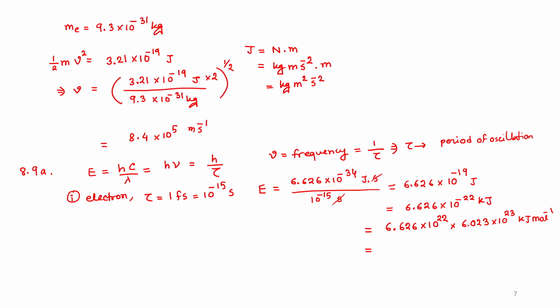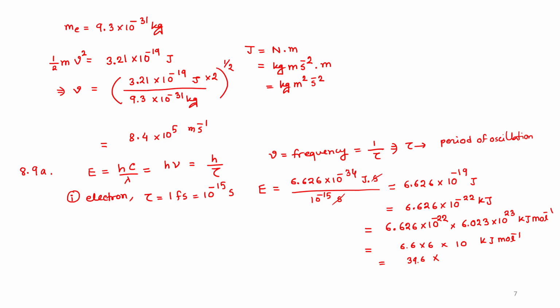When we are in a competitive exam, we treat it as 6.6 into 6, and this is actually minus 22 and plus 23, so it will be something like 10 kilojoule per mole. We can do it just by looking at it. Let's say 36, 39.6, I guess something like this will come up, around 396.